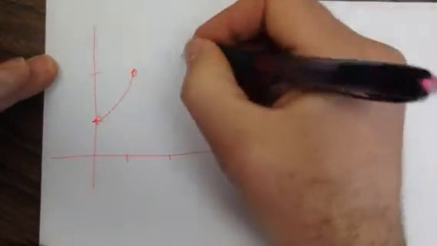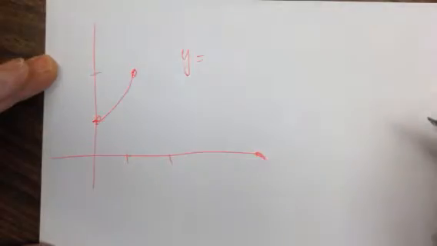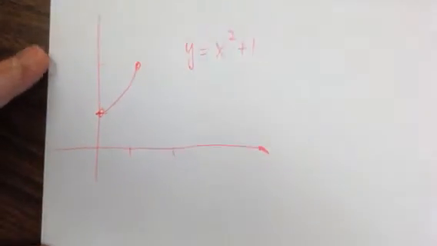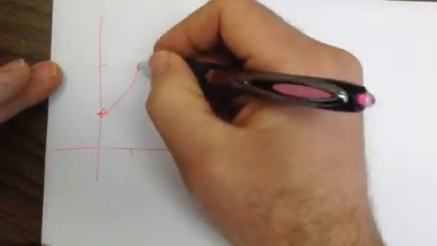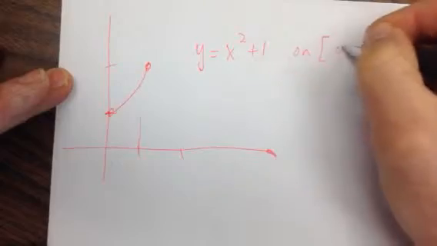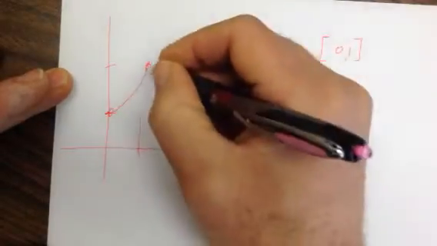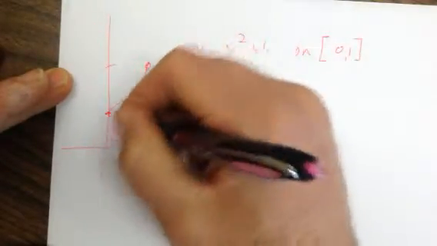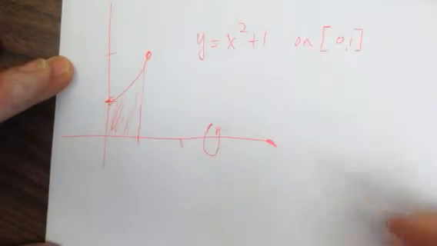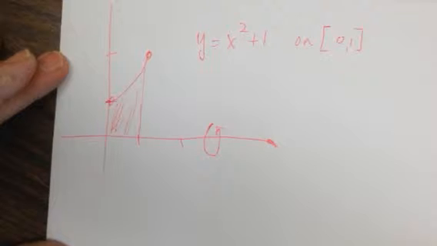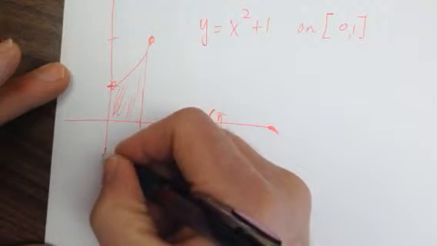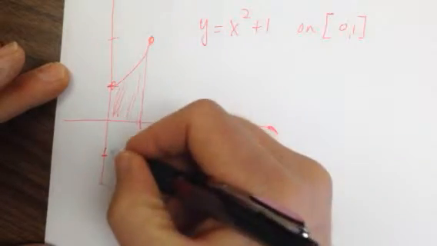We'll take this function, y equals x squared plus 1. So we're looking for this region. We'll just go 0 to 1. This region spun around the x-axis. And just to help you a little bit, you should probably just draw your own.